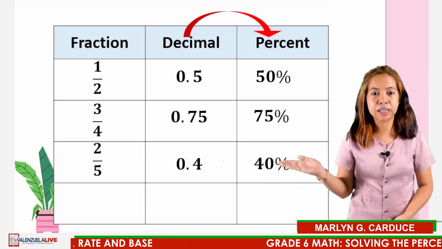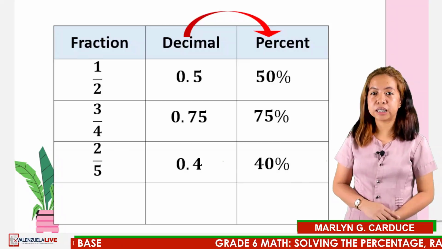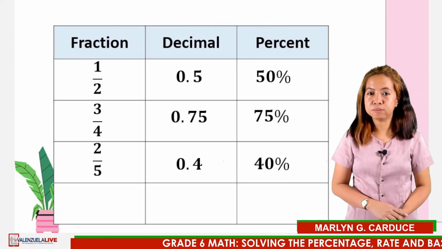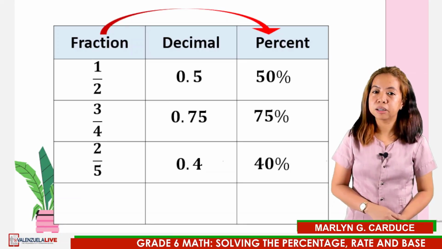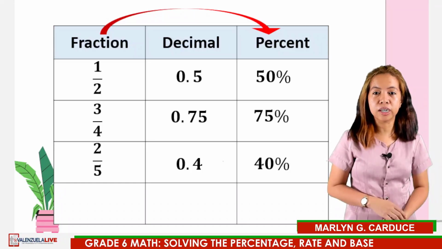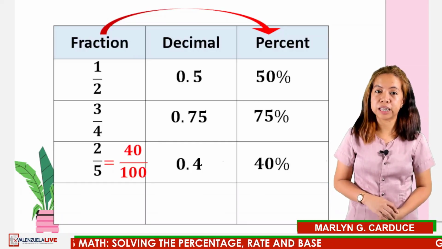So how did it happen? By changing the fraction to a denominator of 100. For the fraction 2/5, by multiplying 20 both to the numerator and to the denominator, we get the equivalent fraction 40/100.